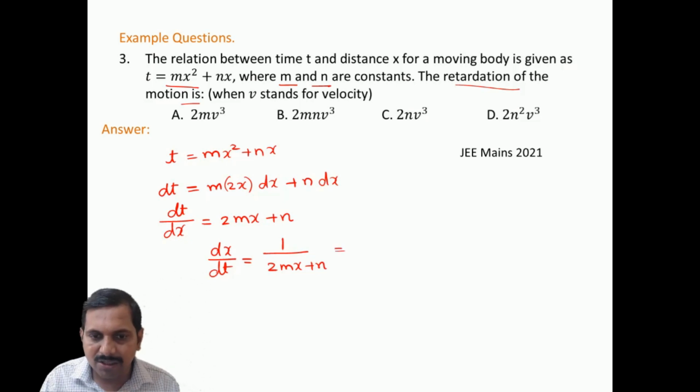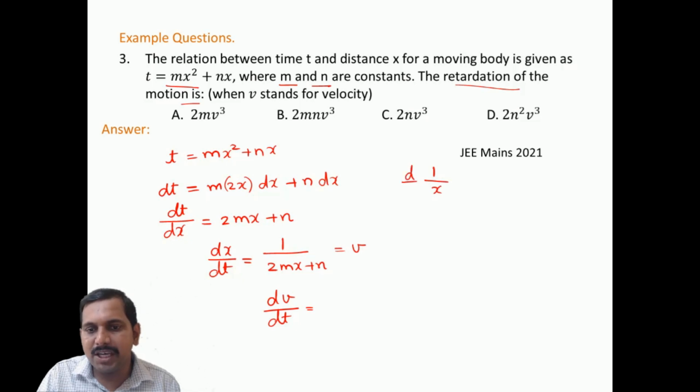What is this? This is velocity. Let us differentiate this again. Now differentiation of velocity, that is dv by dt. In this case we have 1 by x.